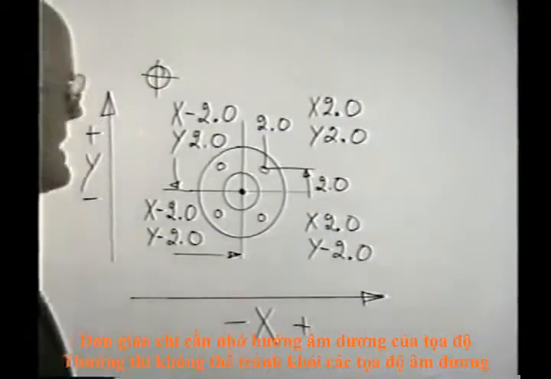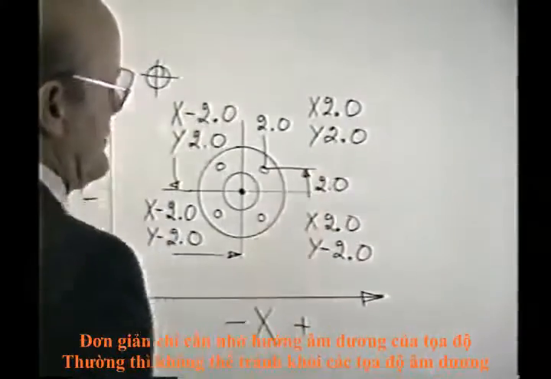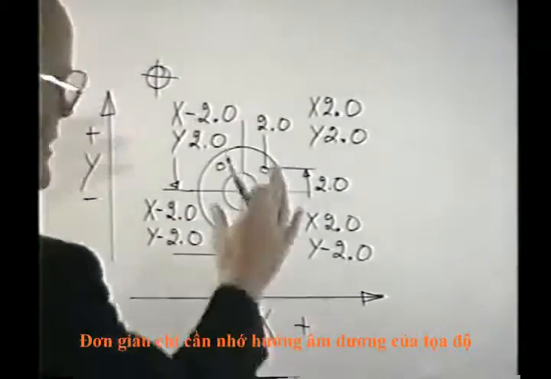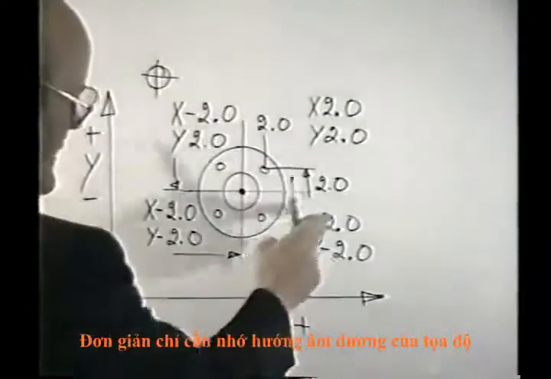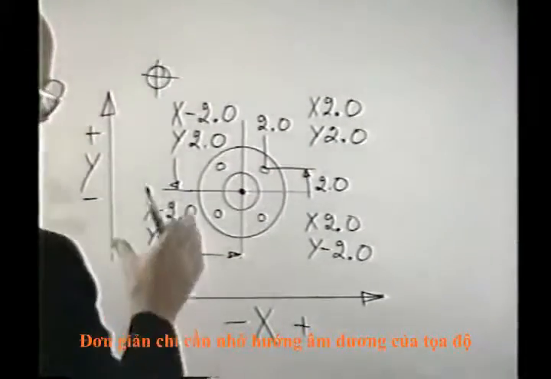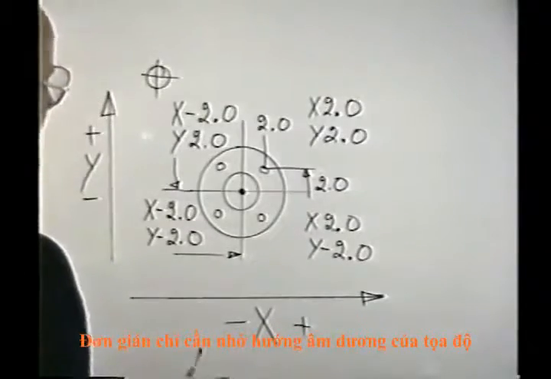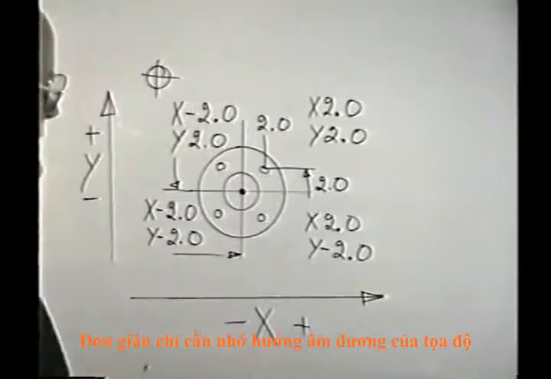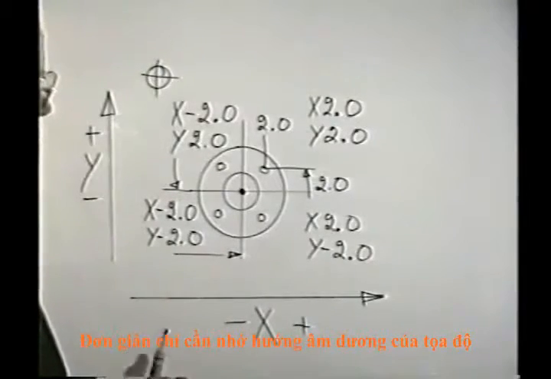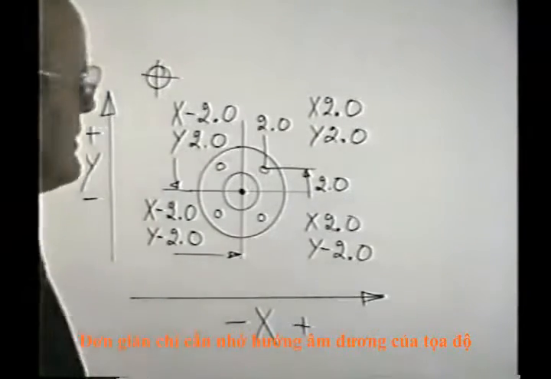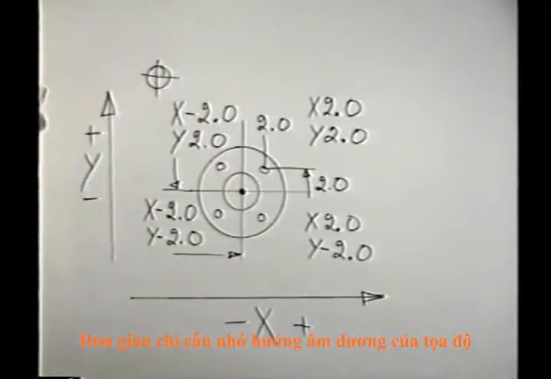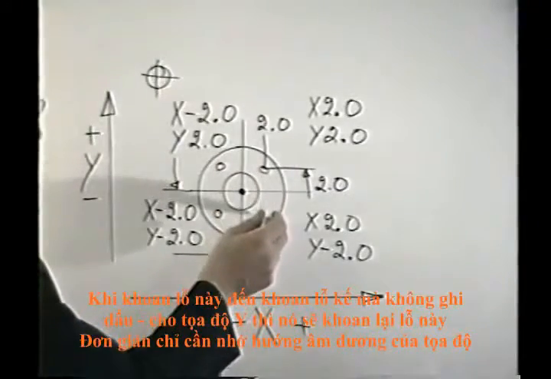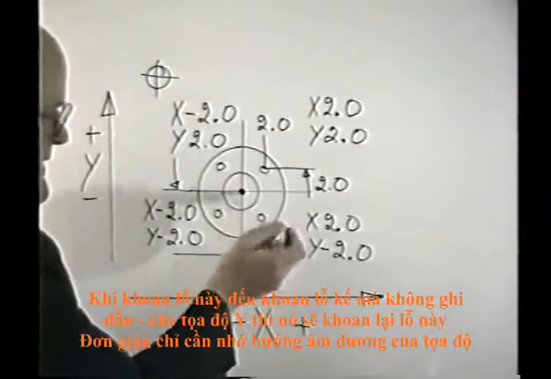Actually there is no positive sign. Any number written is automatically positive, but you cannot avoid these negative signs. So positive, positive, positive by negative, negative, negative, and this upper one is negative in one direction, positive in the other direction. Now, it is not really nearly as complicated as it looks, because what would happen if we drilled this hole and then we started drilling this hole, but we forget the minus sign right here?